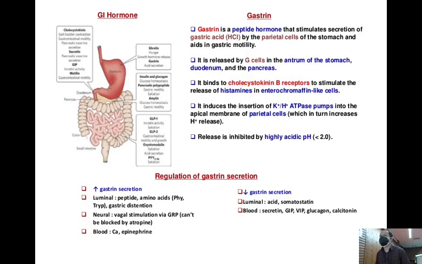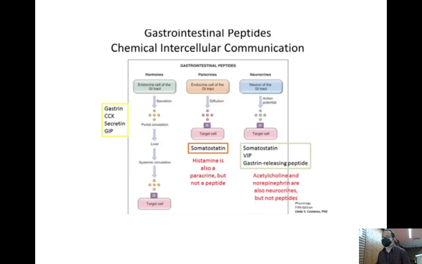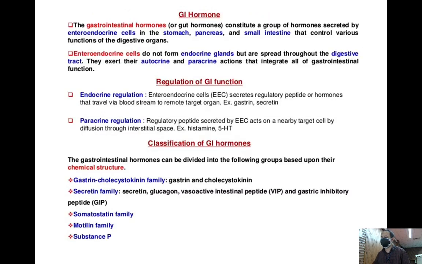These are also hormones that behave in a similar fashion. So let's come back to this, and let's see the classification of GI hormones. You'll find that they can be divided into five families. One is the gastrin cholecystokinin family. Cholecystokinin is a bigger molecule than gastrin, but it contains a component of gastrin within it.